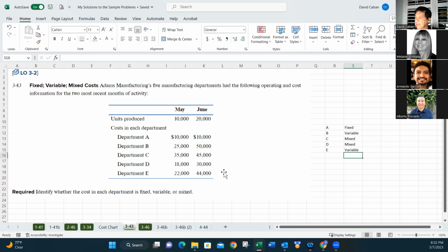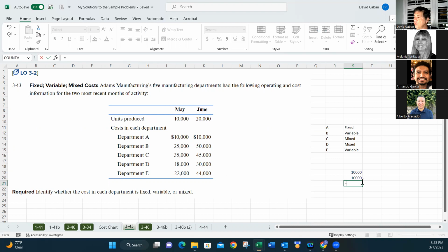Okay, and what the heck, I'll show you how to do that. Let's take this one. We know that this cost increased by $10,000 with an increase of 10,000 units. So the variable cost per unit must be how much? Well, I took an easy one. What's the variable cost per unit? $1, right? You divide by the 10,000 units increment.